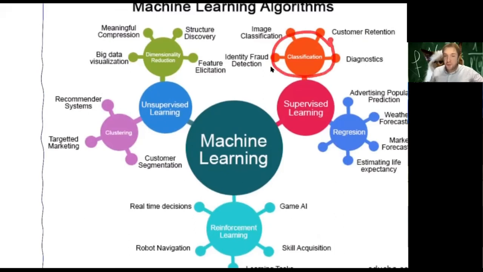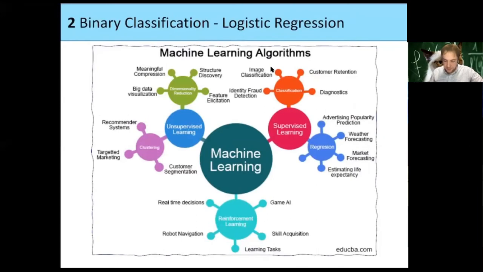And confusingly, the name of this algorithm is called logistic regression. So it's also some kind of regression, but it is used to do so-called binary classification, so to decide between two things. So don't get confused. We are here in classification, but the thing we are talking about is called logistic regression.